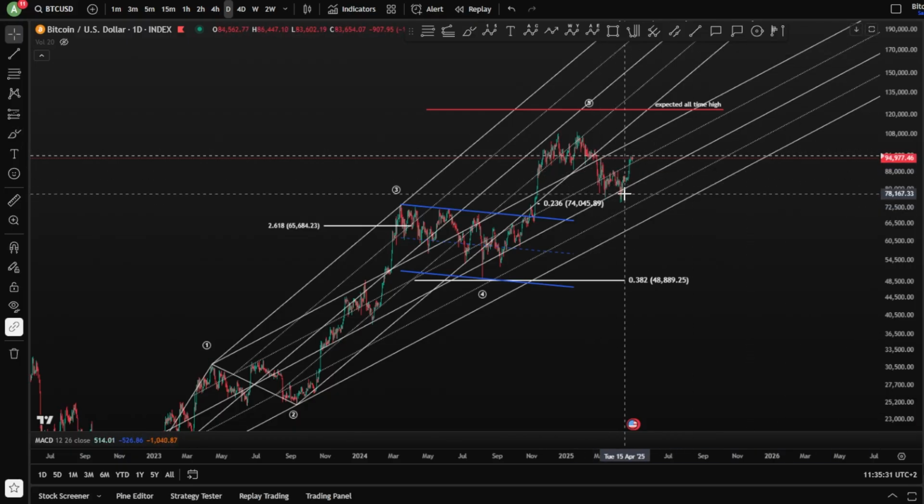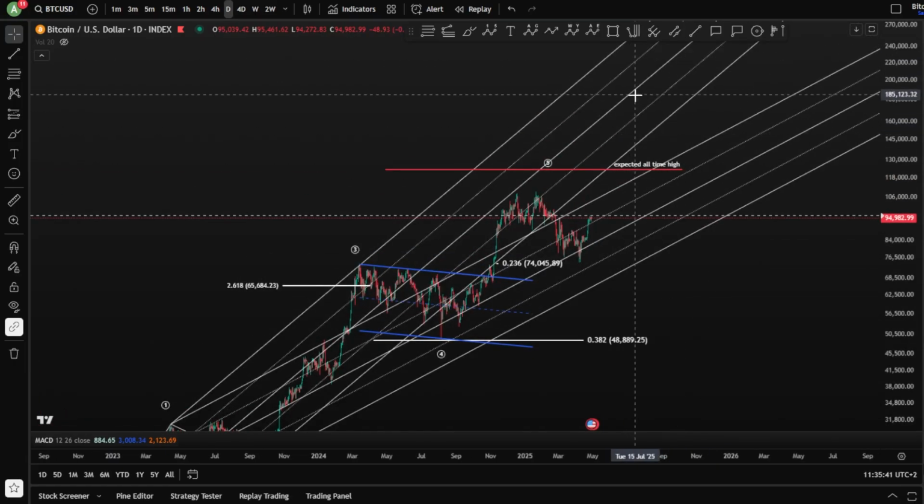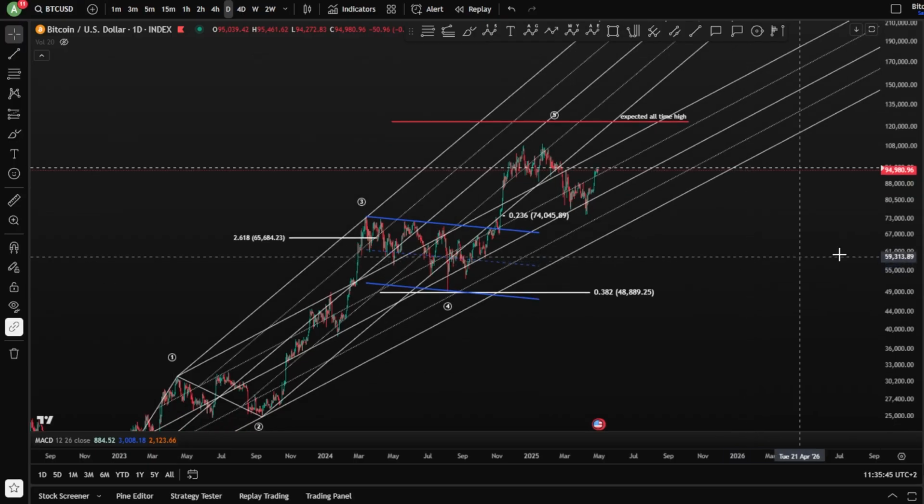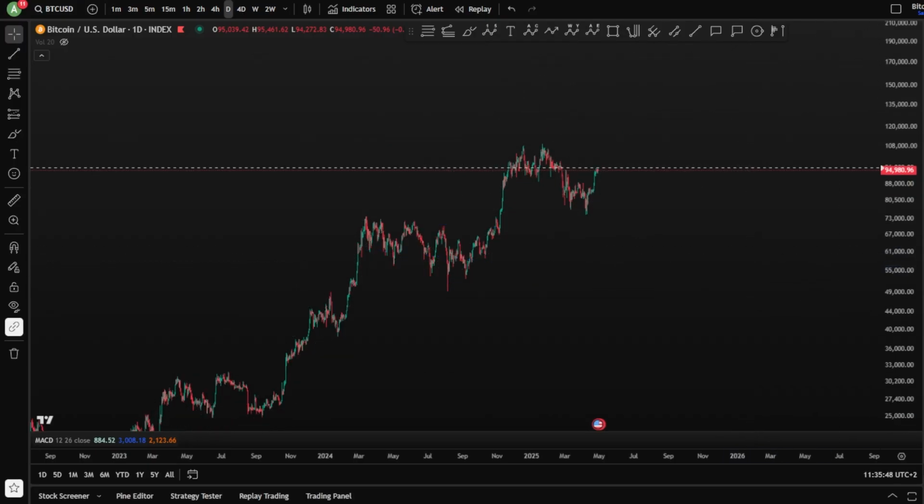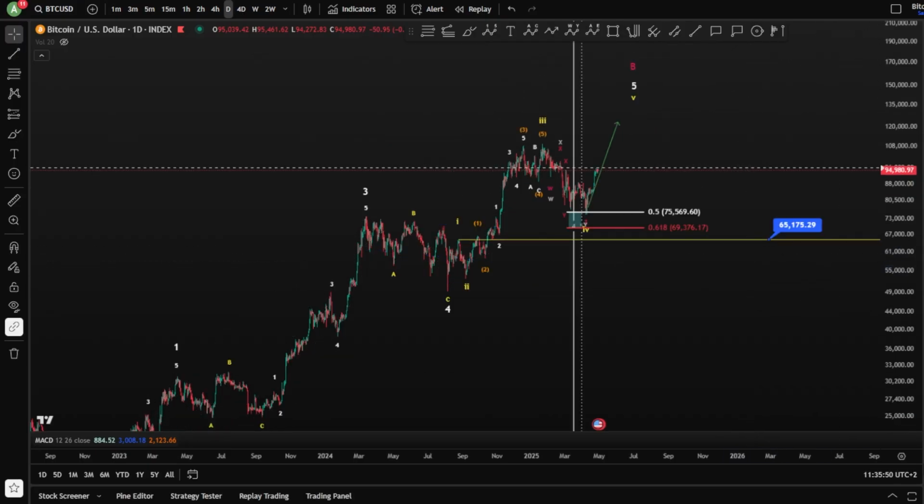And that, of course, reduces again the possibility to break the base channel, just range in between, and then break the acceleration channel and move to the middle line of this acceleration channel. So very, very low possibility for this scenario.